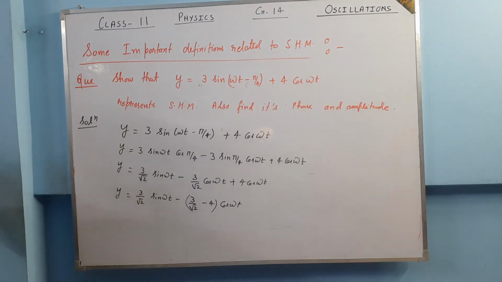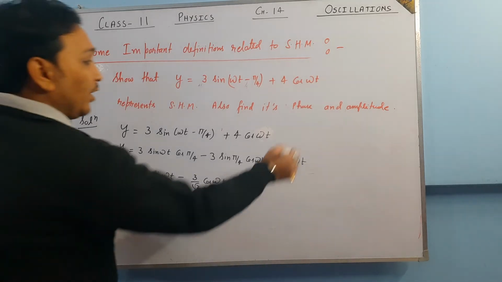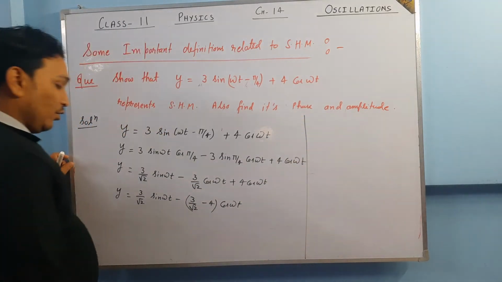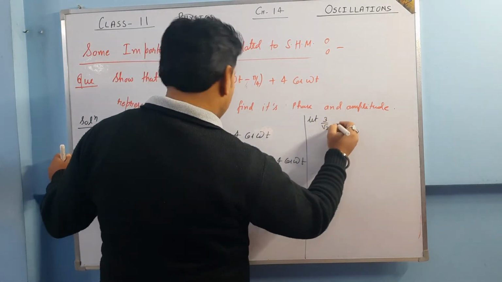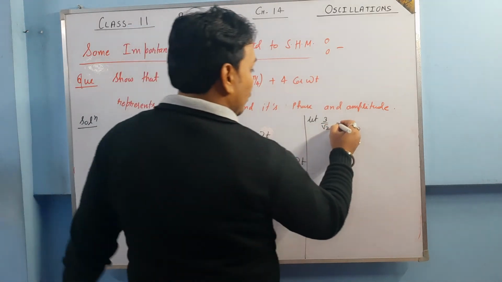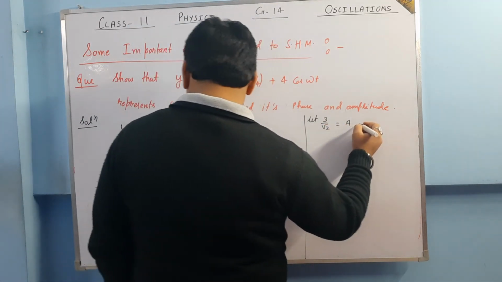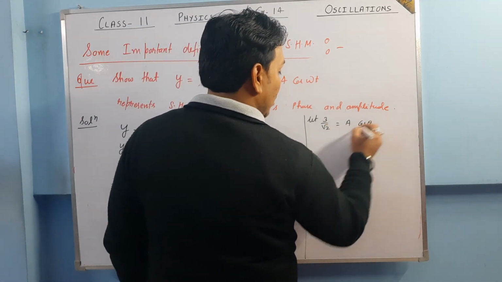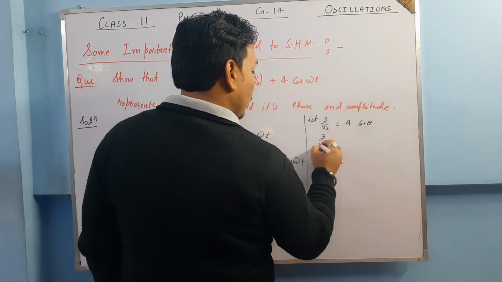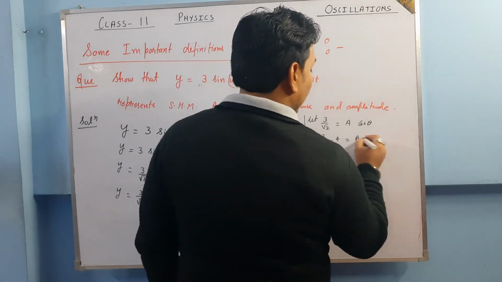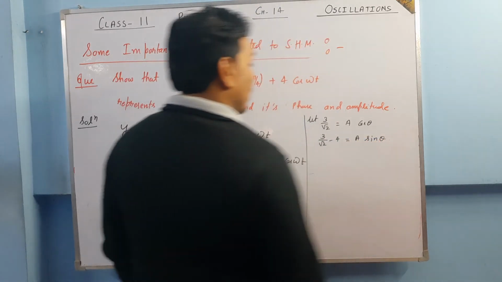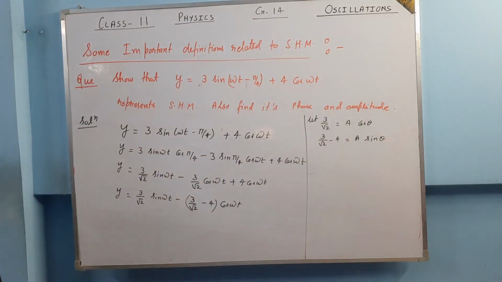So I'm going to have 3 by root 2 sin omega t minus 3 by root 2 minus 4 cos omega t, right? Now I have to make it simple. So let 3 by root 2 be equal to capital A cos theta and 3 by root 2 minus 4 be equal to capital A sin theta. The value of A and theta has to be determined.